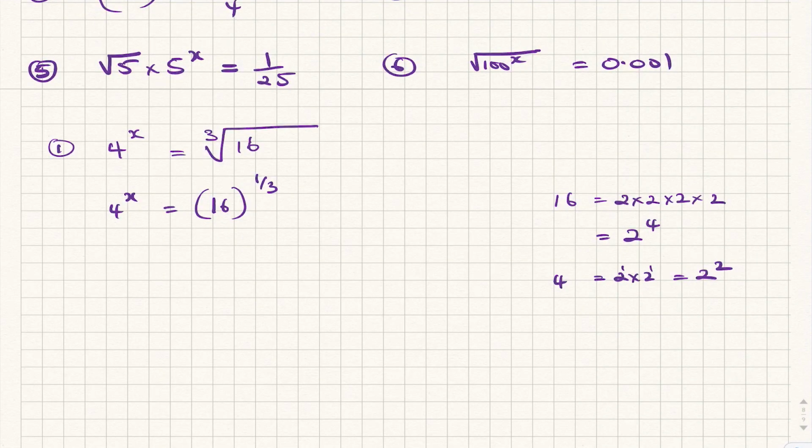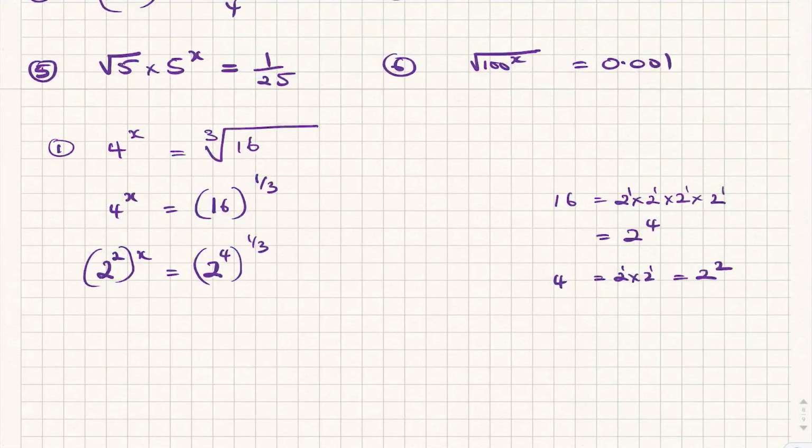If the base is the same and you're multiplying them, you add the powers. So let's rewrite these things. We got 4 to be 2 to the power of 2, so replace 4 with 2 to the power of 2, still has the power of x. And 16 is 2 to the power of 4, still has the power of 1/3.